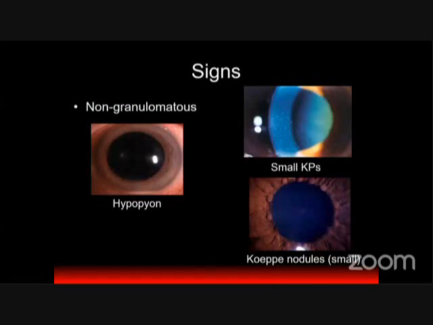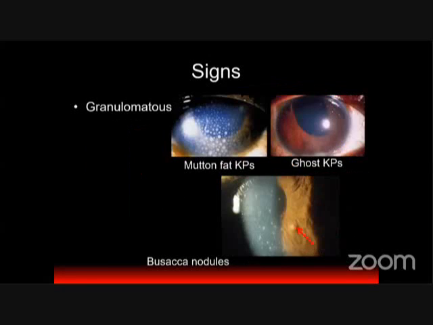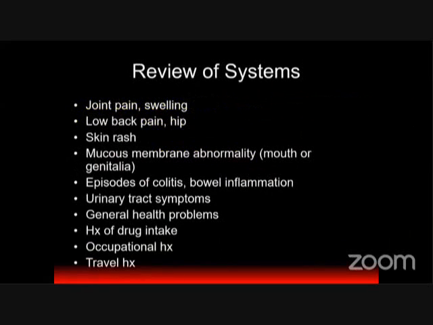The signs we all know: the non-granulomatous cases with hypopyon, small KPs, and Koeppe nodules. Koeppe nodules are considered non-granulomatous uveitis, while in granulomatous, you remember, you see those mutton-fat KPs, whether medium or large size. You see sometimes ghost KPs. I hope you can appreciate this image where there's a ground glass appearance of ghost KPs. These are KPs that are gone, or Busacca nodules that are actual nodules in the stroma of the iris.